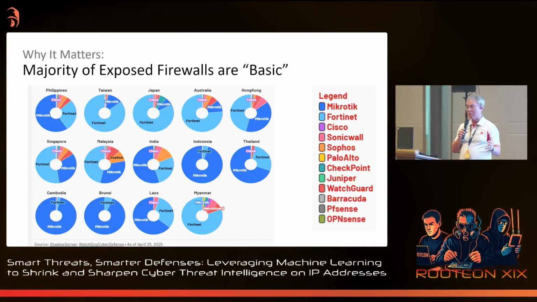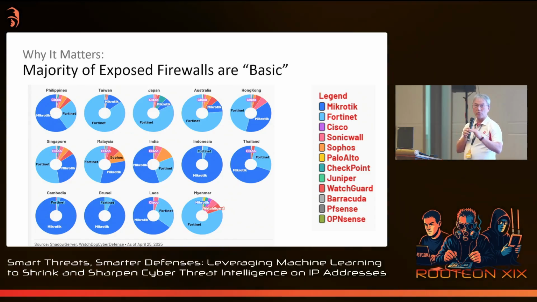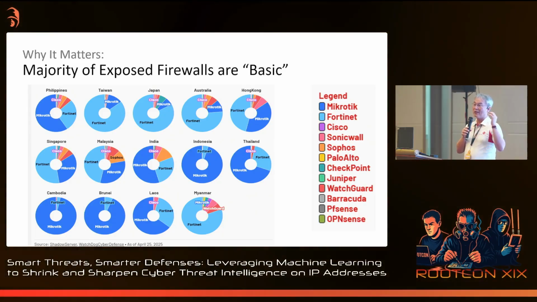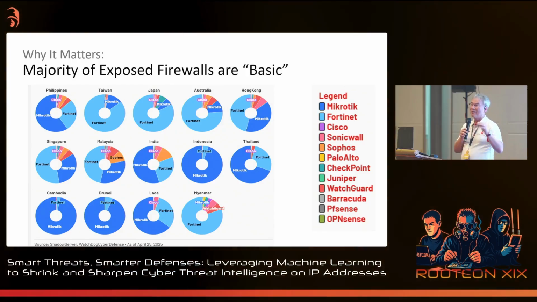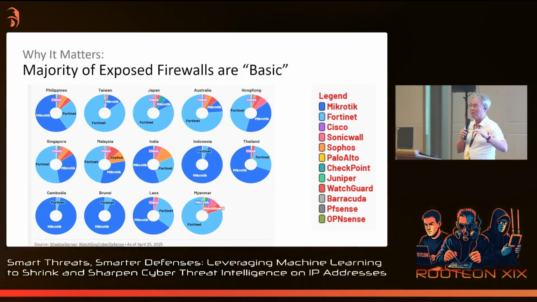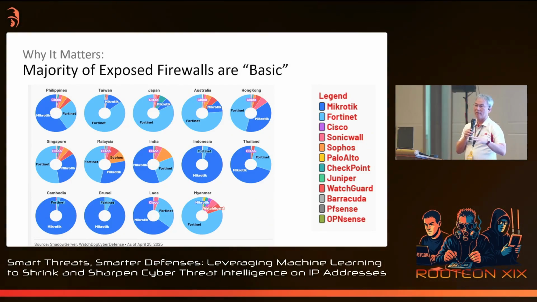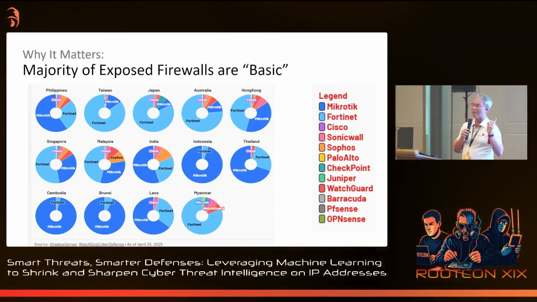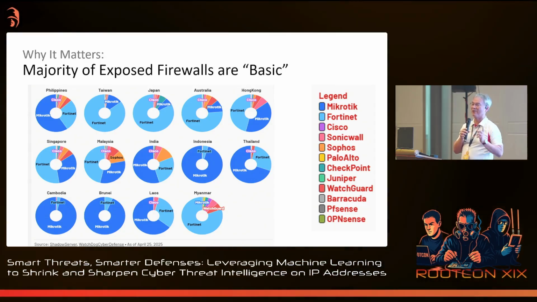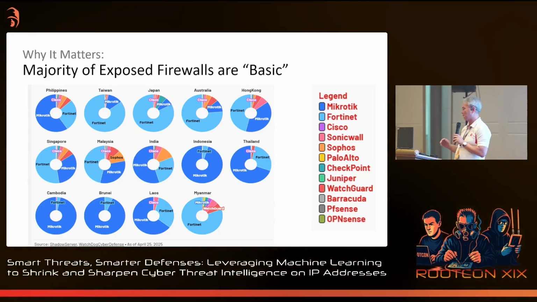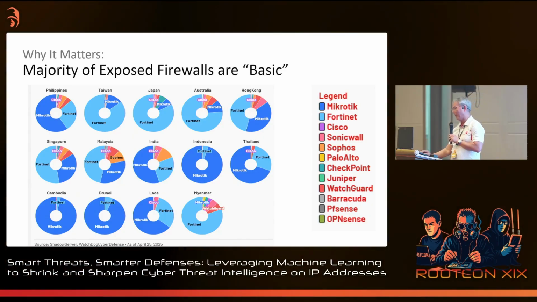Now, in the Philippines and Indonesia, MikroTik is by far the majority of exposed firewalls in the country. Because they're the majority exposed, they are more than likely to be backdoored. In case of some civil war or whatever, you will expect state actors to activate all these backdoors. So that's the takeaway.